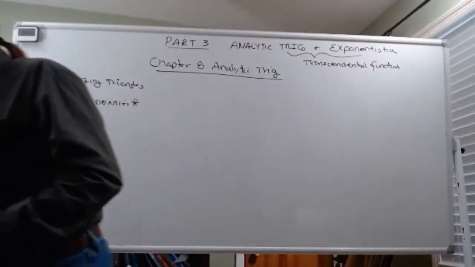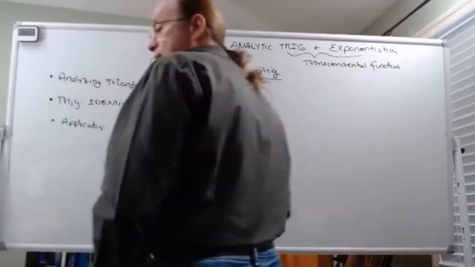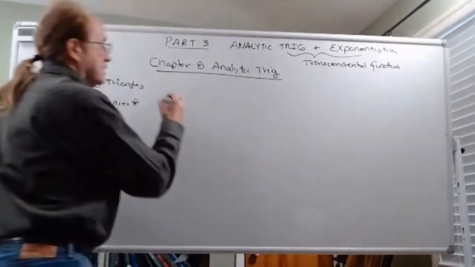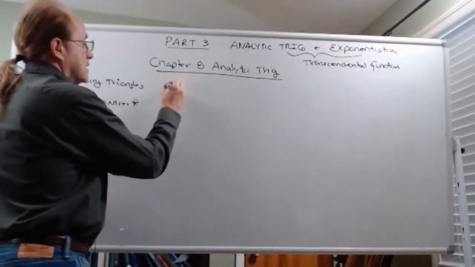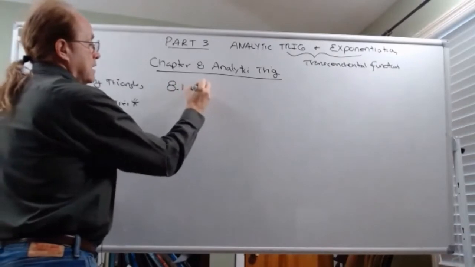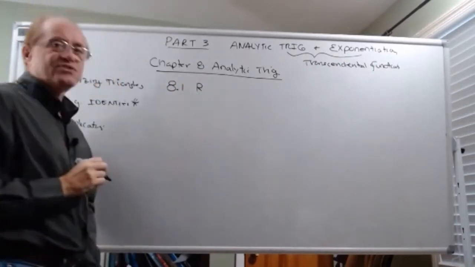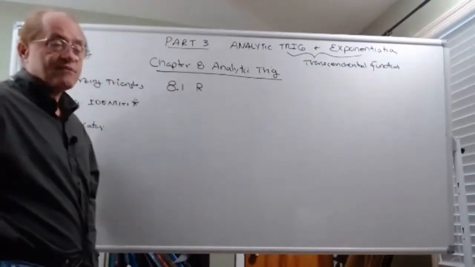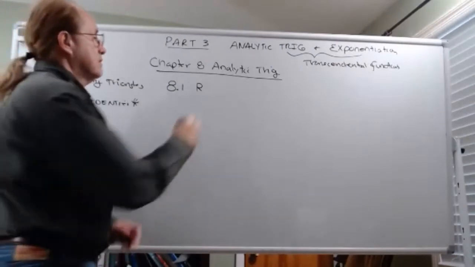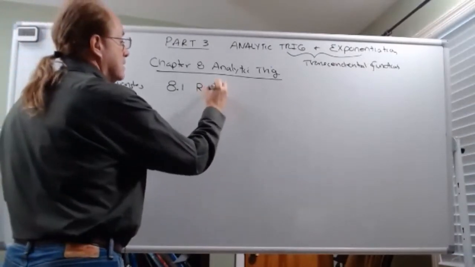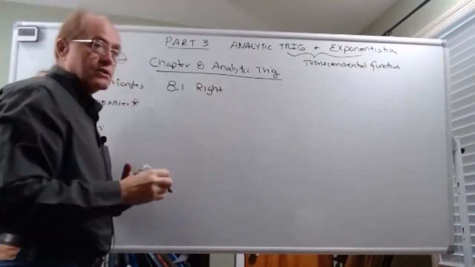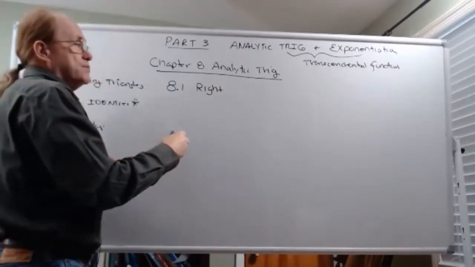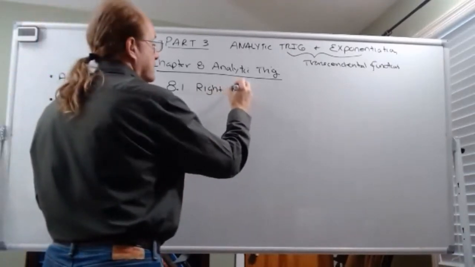I know you probably had it in high school since you're in this course, and it's just right triangle trigonometry. And this might be how you were first introduced to a definition of a trig function. Instead of the unit circle, many of you were probably introduced with the right triangle definition.